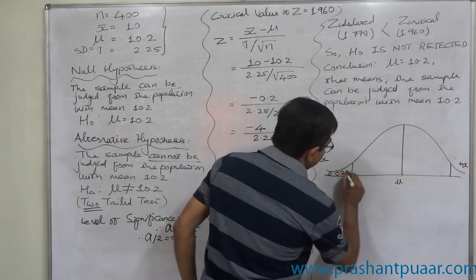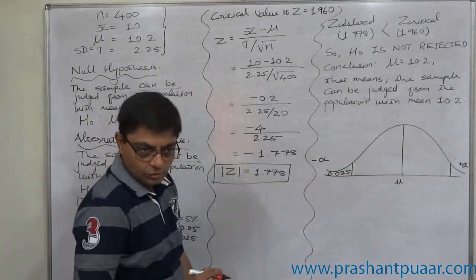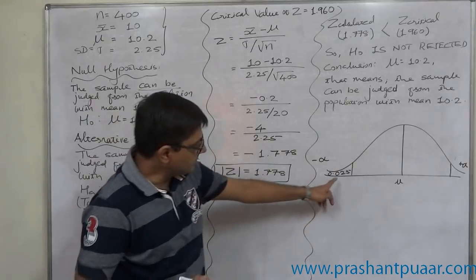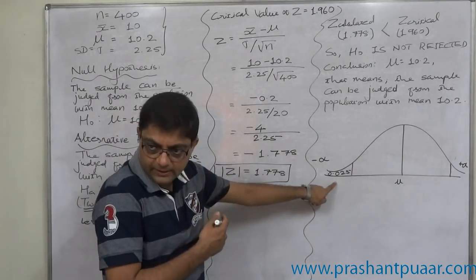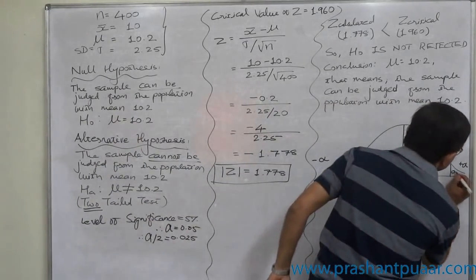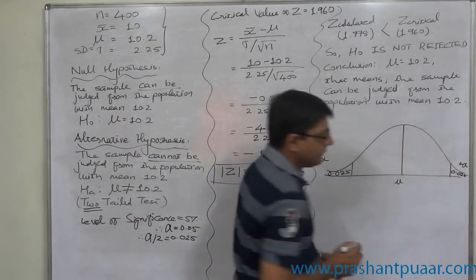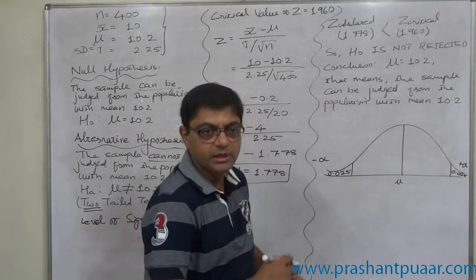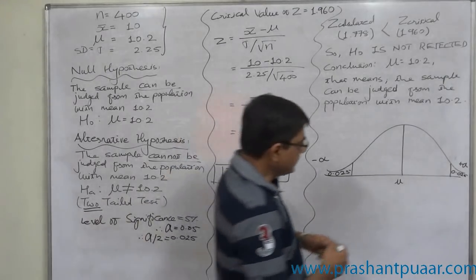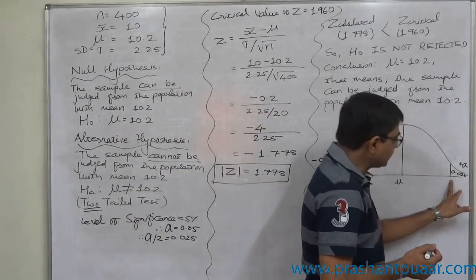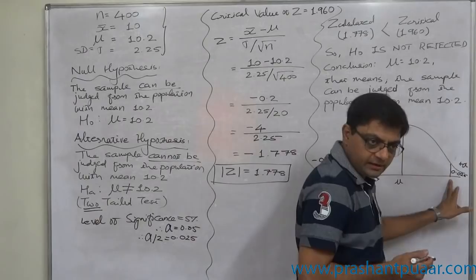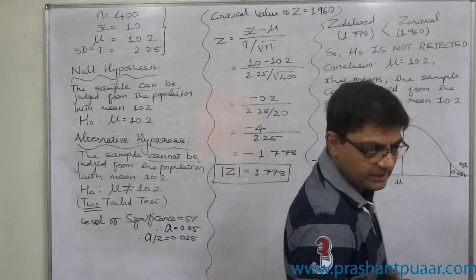This area of 0.025 is known as rejection region on the left hand side. Similarly, this area of 0.025 is known as rejection region on the right hand side. That means if the mean value is greater than mean value here, again the hypothesis will be rejected.